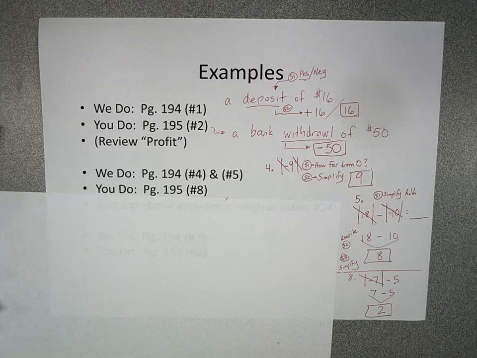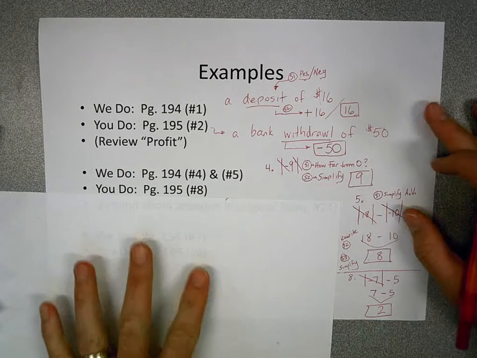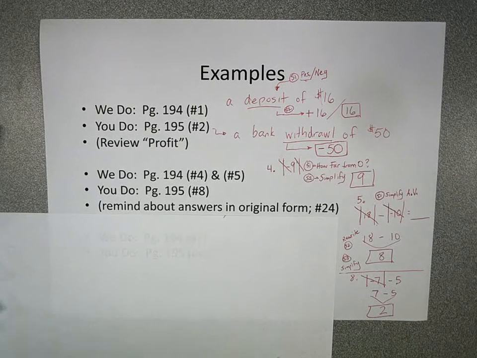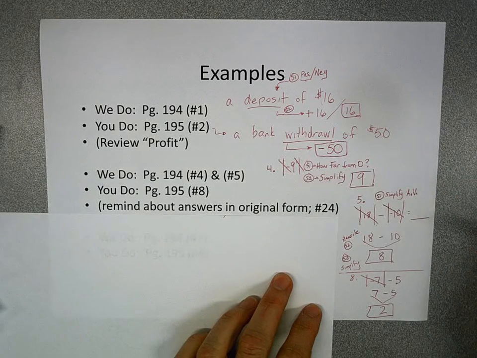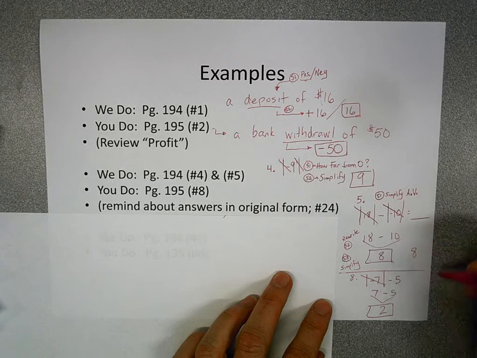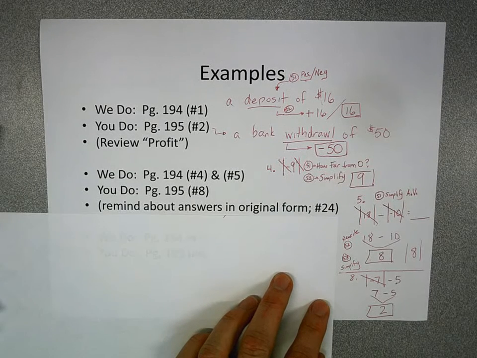All right, so a little bit of absolute value. Okay, so here's what I want to talk about just briefly. It says remind about the answers in original form. That's of course a note to me, but if you take a look at, let's say, problem number 24, or even if I use number 5 or number 8 as an example, a lot of times what happens is students get down here and then for some reason they'll get their answer and put absolute value lines around it.